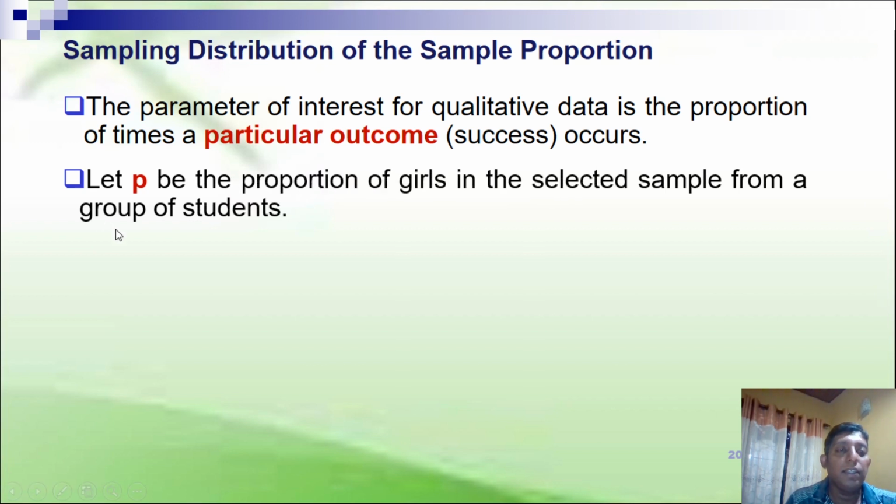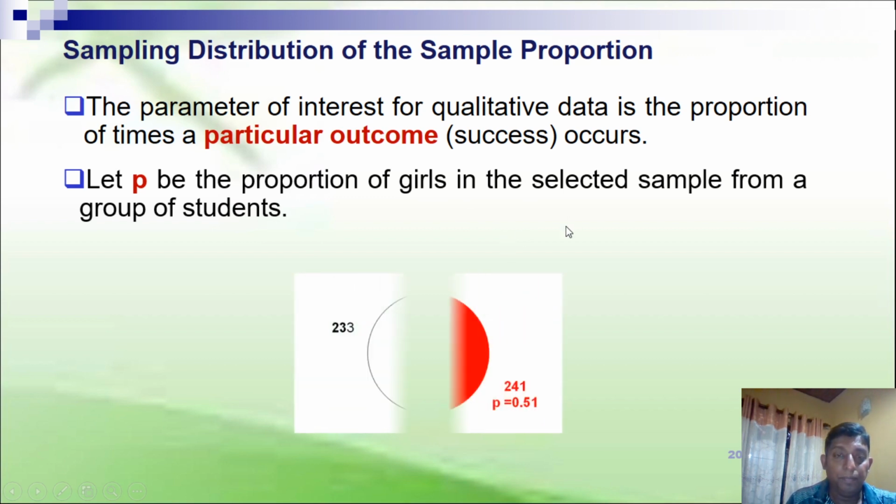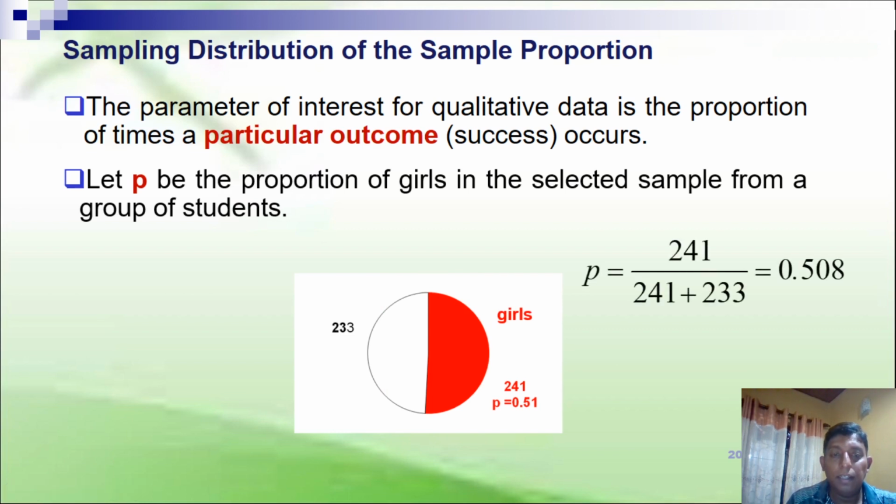Now see this example. Let P be the proportion of girls in the selected sample from a group of students. Our success is to find the proportion of girls in the selected sample. Now suppose the population size here: boys 233, girls 241.